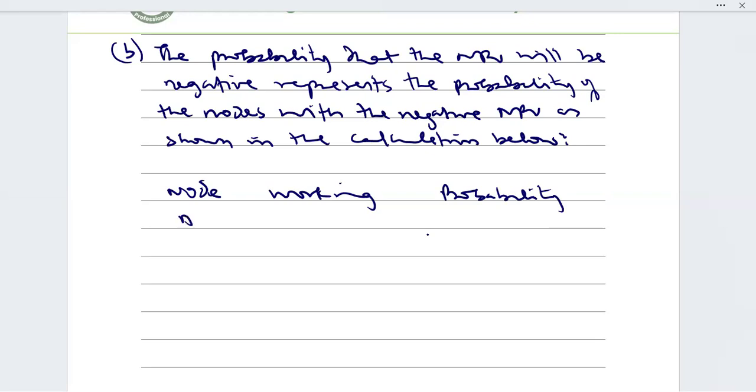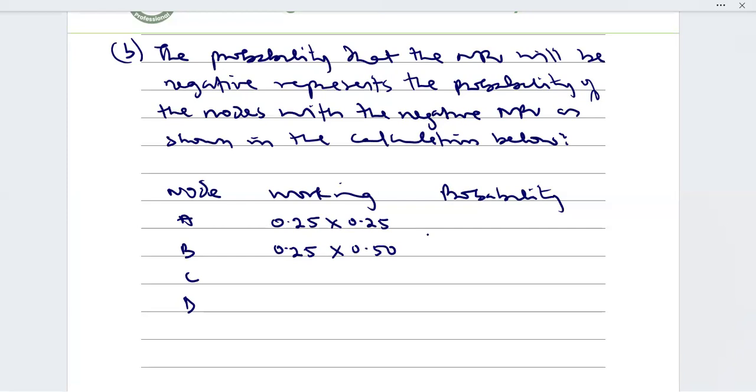We have identified node A, B, C, and D as the nodes with negative NPVs. So for node A, probability of node A in year 1 is 0.25 multiplied by probability of node A in year 2, which is also 0.25. Probability of node B in year 1 is 0.25 multiplied by probability of node B in year 2, which is 0.50.